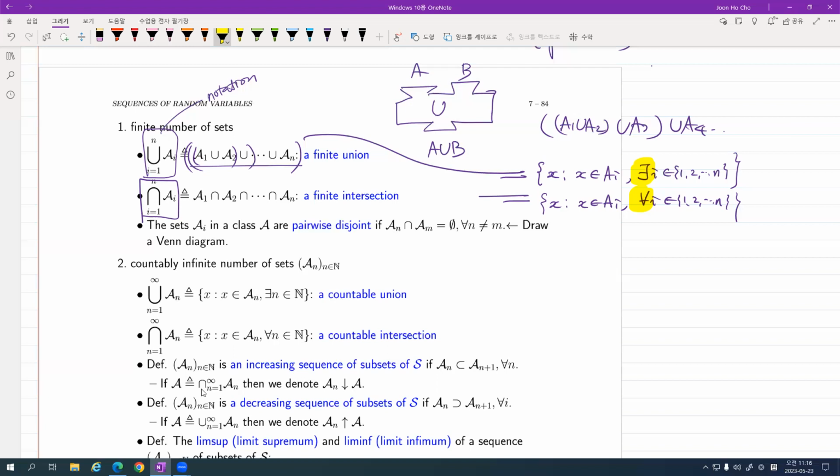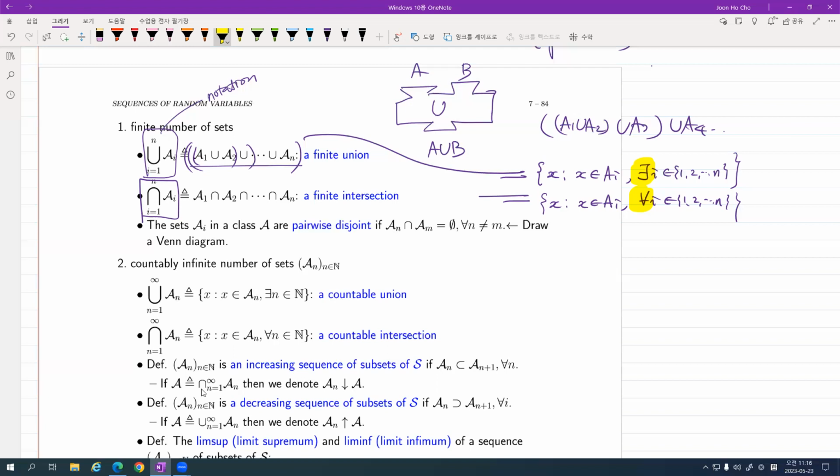So here we use this representation or equivalent definitions of finite union and generalize them to define countable union and countable intersections. And you see the only difference is just for all n in the set of natural numbers.